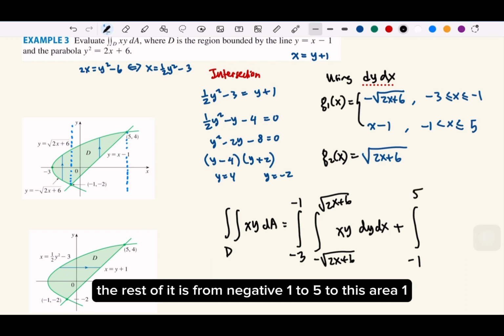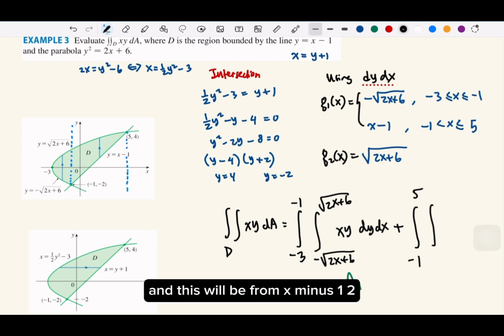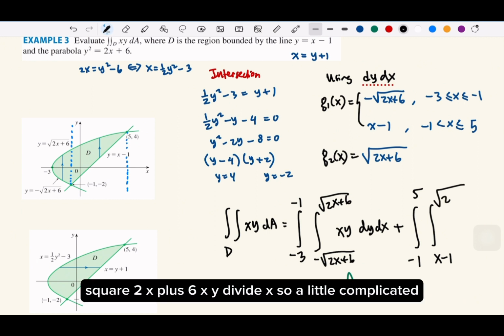So this is area 1. The second one is area 2, and this will be from x minus 1 to square root of 2x plus 6, xy dy dx. So a little bit complicated.